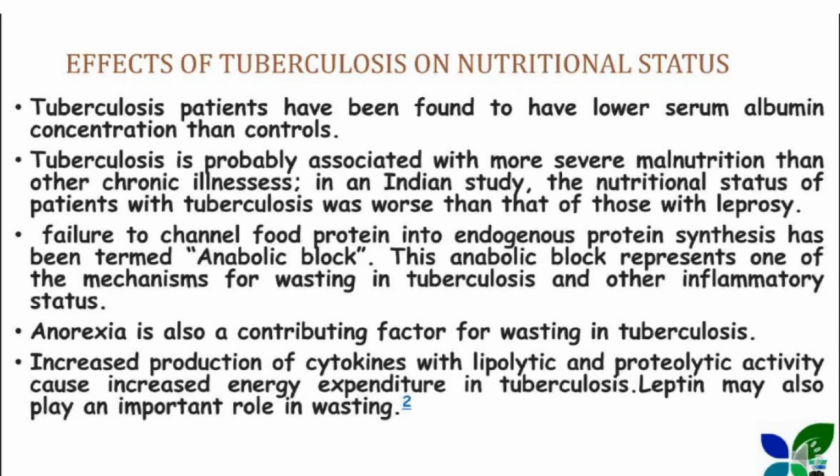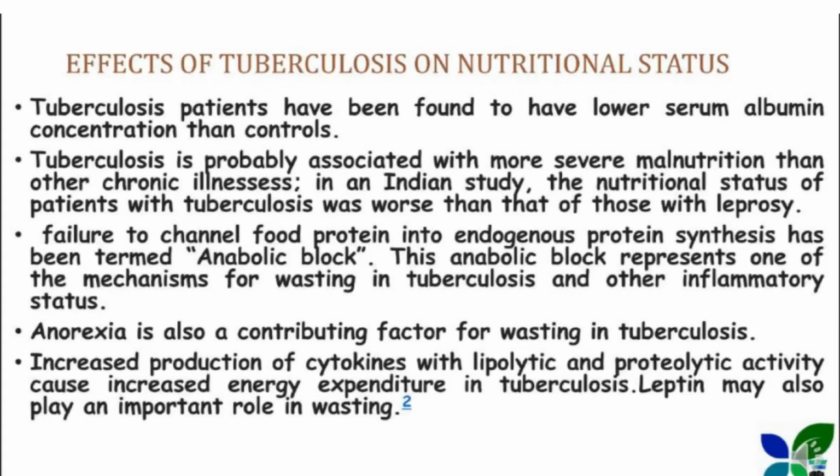Failure to channel food protein into endogenous protein synthesis has been termed anabolic block. This anabolic block represents one of the mechanisms for wasting in tuberculosis and other inflammatory states. Anorexia is also a contributing factor for wasting in tuberculosis.